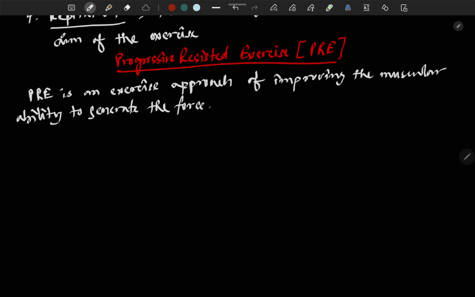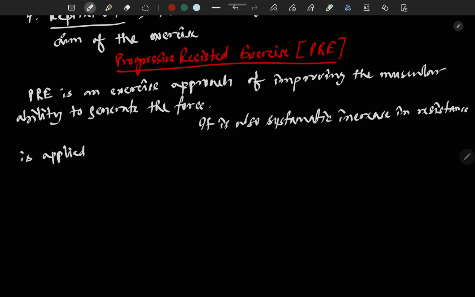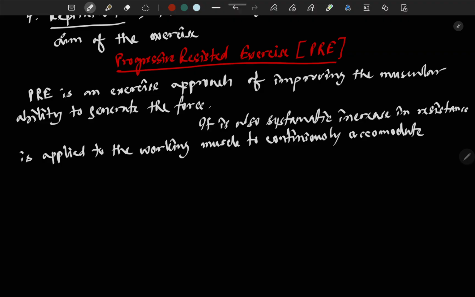Okay, it is also a systematic increase in resistance applied to the working muscle to continuously accommodate the force production.